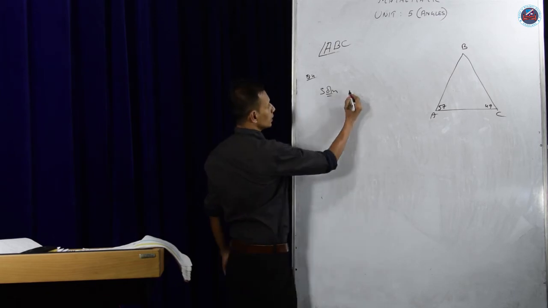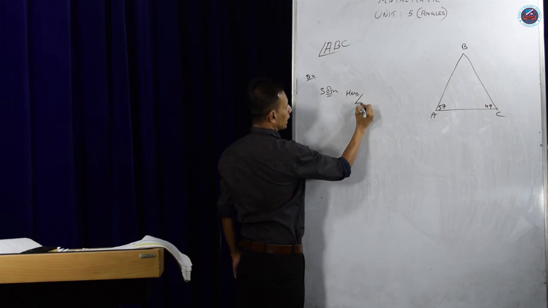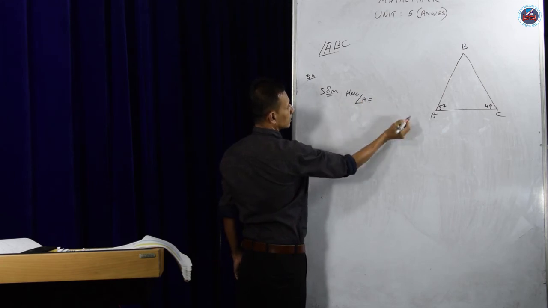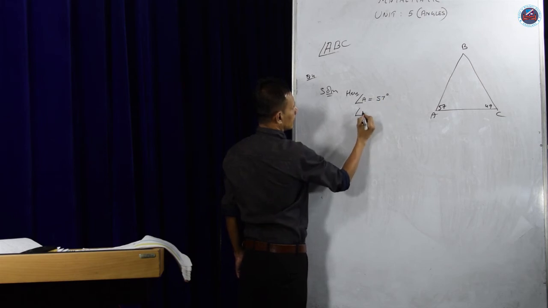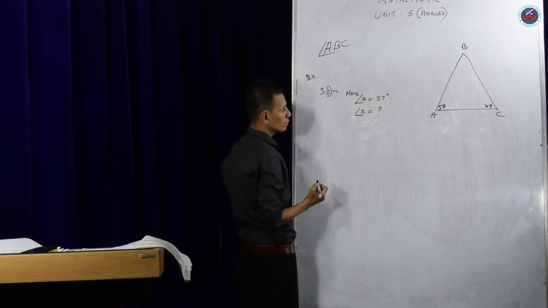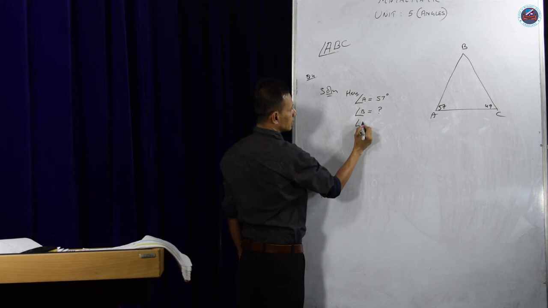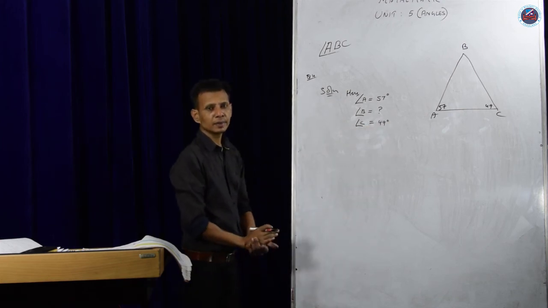Okay, so here you can write like this. Here, angle A is 57 degrees. Angle B is nothing, that means we are asked to find it. Angle C is 49 degrees.